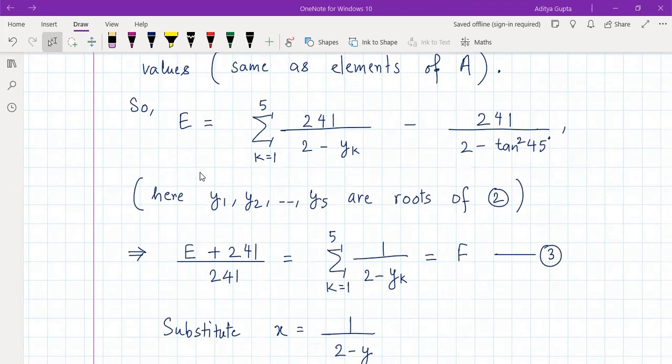Whenever we have to find the sum of roots, or whenever we have to form an equation whose roots are some function of the roots of an equation, then we simply substitute that function as another variable x. This is a technique which is taught in quadratic equations as well as the polynomials chapter, right? So since I want to find an equation having the roots 2 minus y1, 2 minus y2, 1 upon 2 minus y1, 1 upon 2 minus y2.